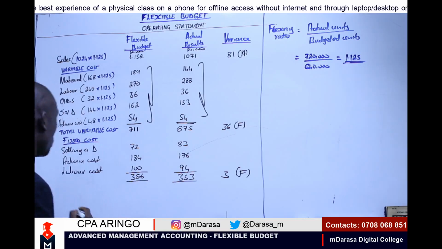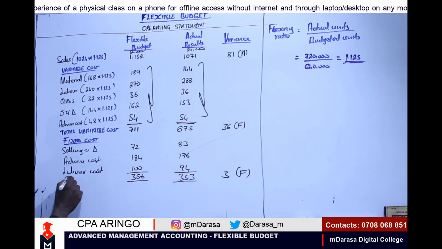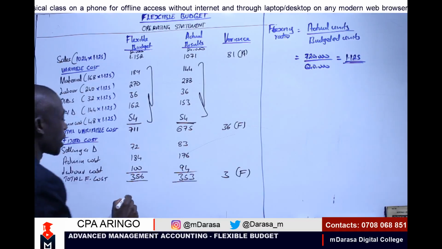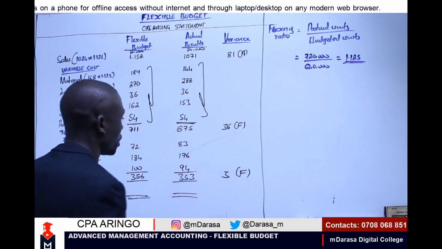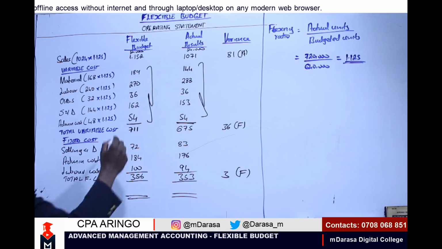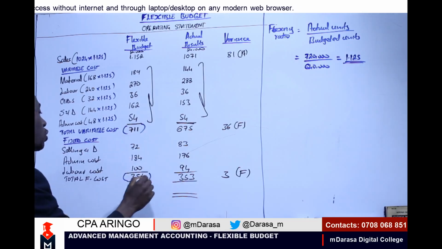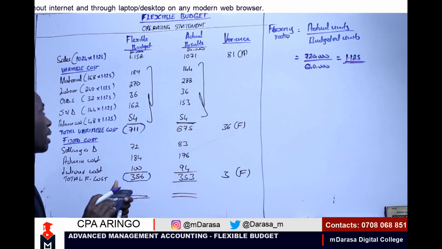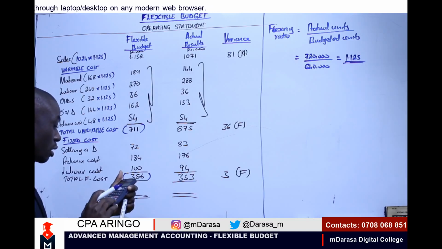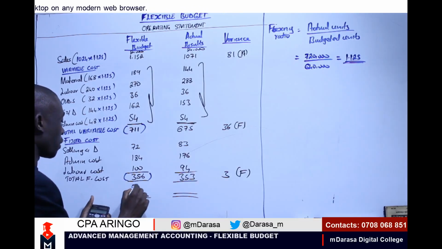So after we do have our total fixed cost, clearly we can now determine our profit. And how do you determine our profit? I should be having our budget sales, which was 1152, minus 711, minus 356, to give me a figure of 85 here.